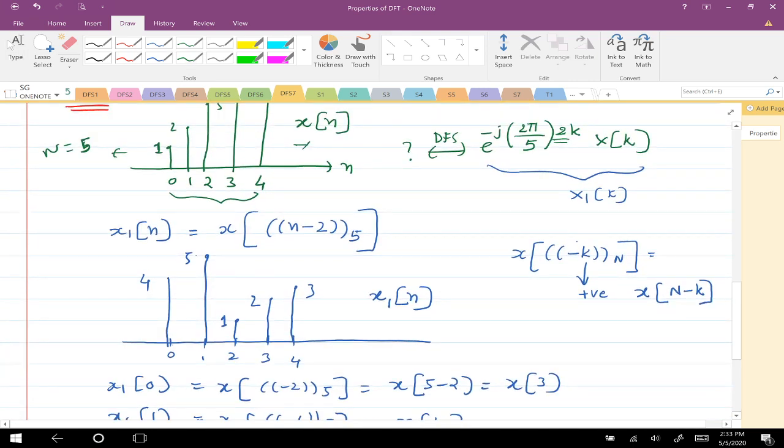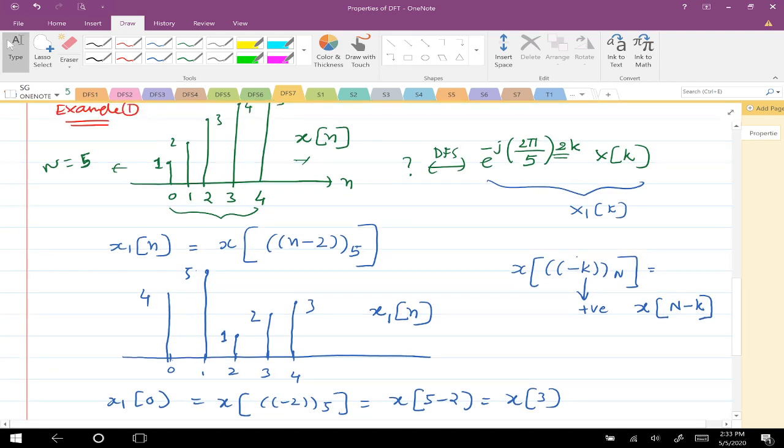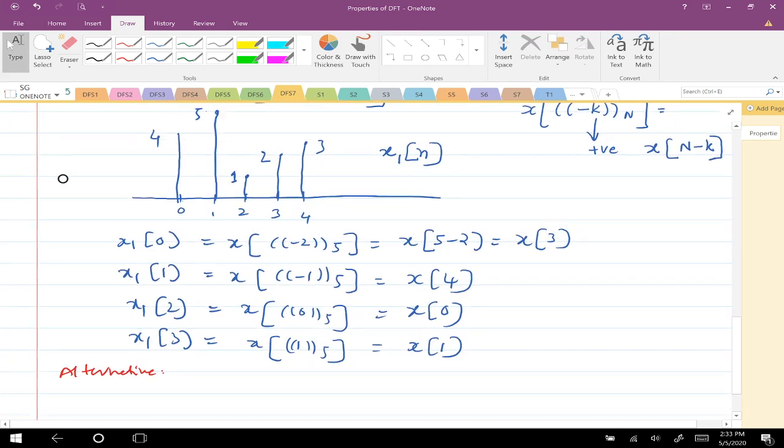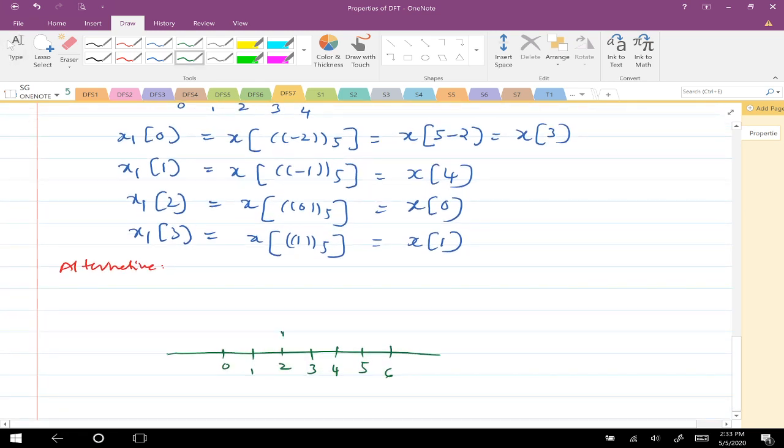You shift the whole thing by 2. So whatever is 0 would now start from 2. Okay, so here I would get 1, 2, 3, 4, 5, right?